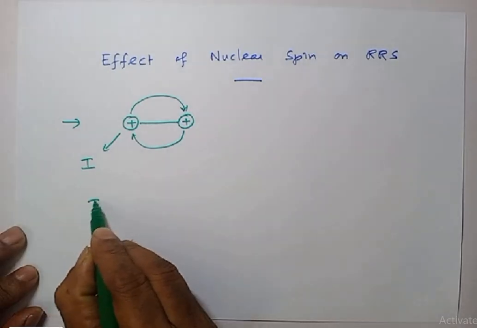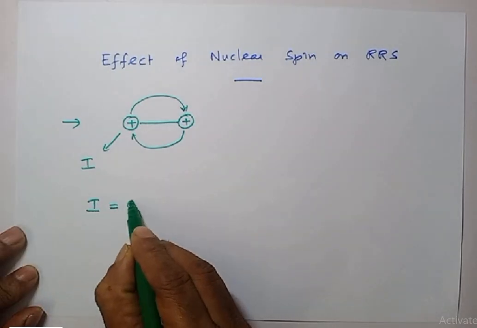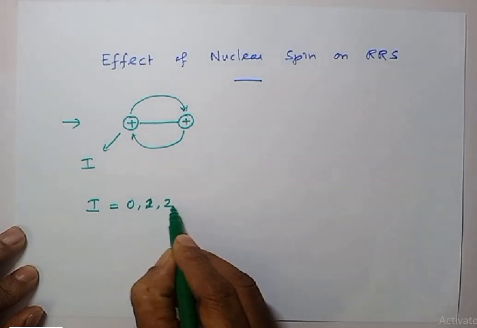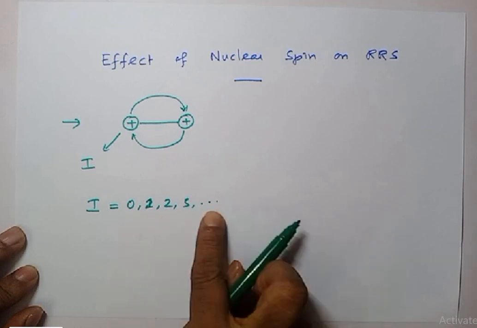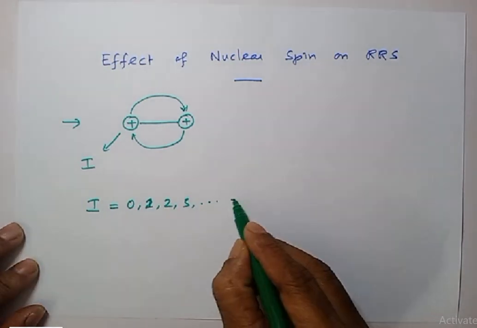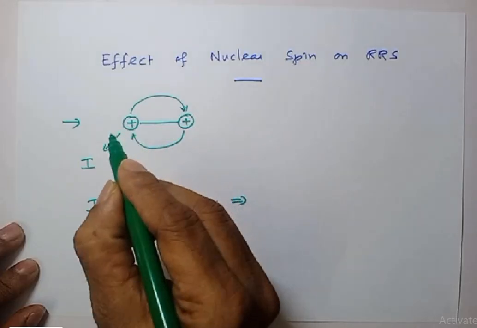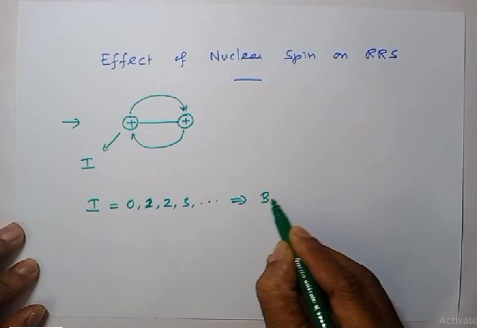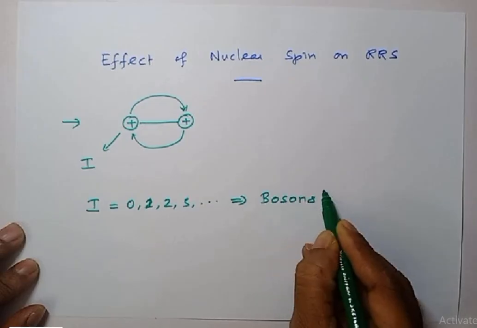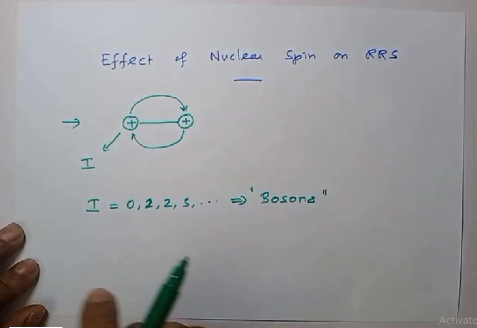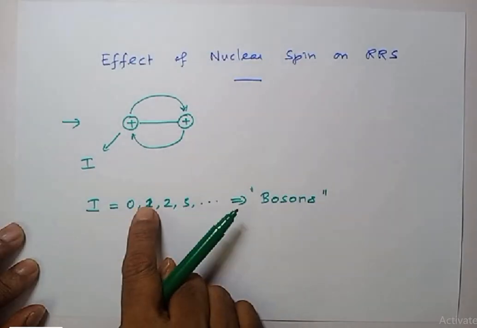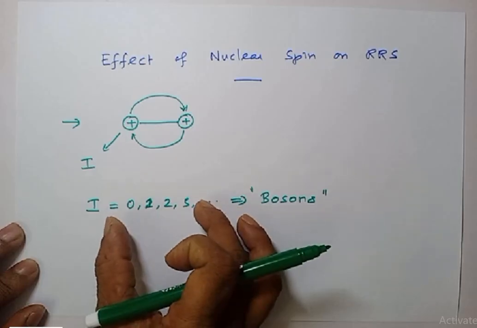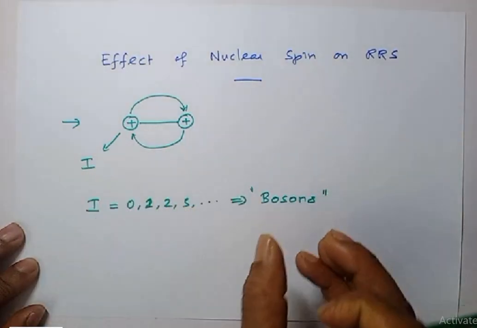If the nuclear spin quantum number is 0, 1, 2, 3, etc., integer values, those nuclei are called bosons. If any nucleus has an I value of 0 or 1 or 2 or 3, integer values, then that nucleus is called a boson.